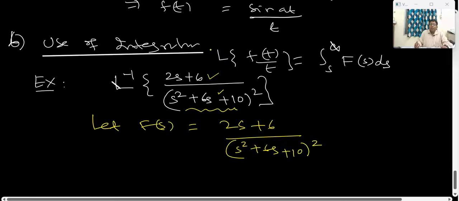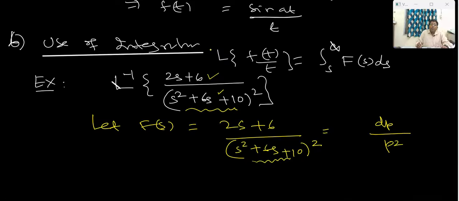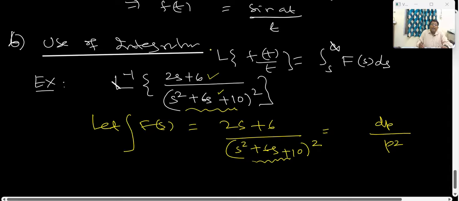Putting the denominator as p, we have 2s plus 6 ds as dp. So what is the integral from s to infinity of F(s) ds?